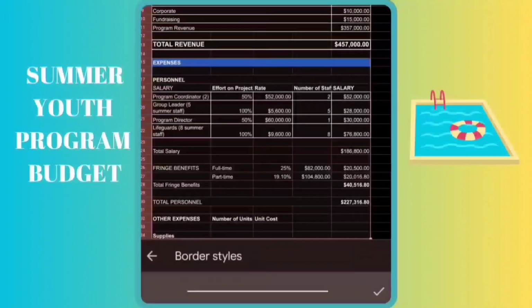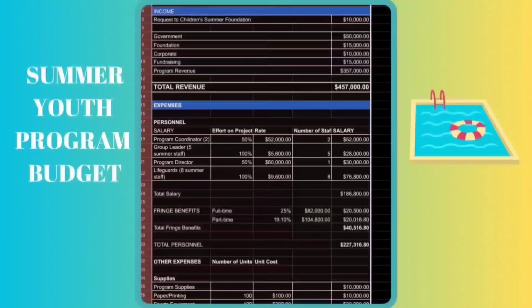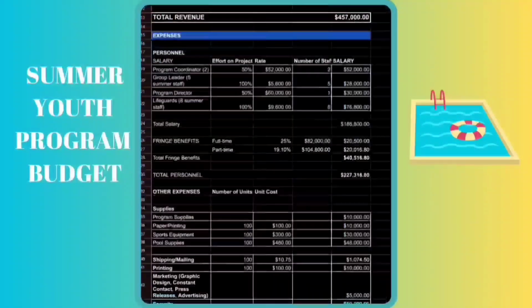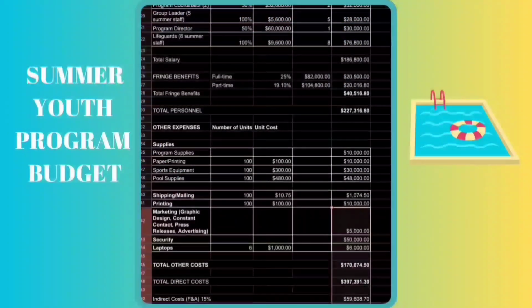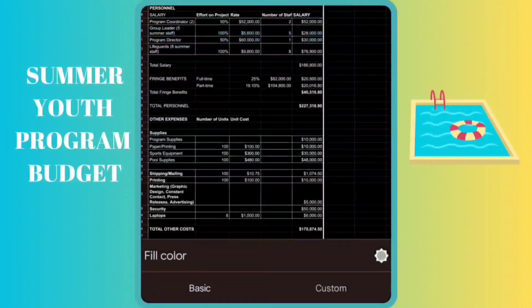We're filling some of the major lines with additional gray color, such as the total cost, total revenue.